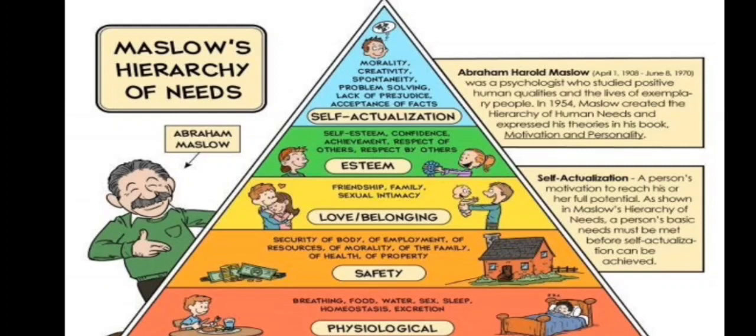From the bottom of the hierarchy upwards, the needs are physiological, which consists of food, clothing, water, sleep, homeostasis, or excretion. Next is safety, which consists of the security of body, employment, resources, morality, family, health, or property.